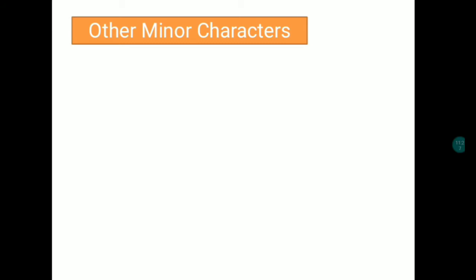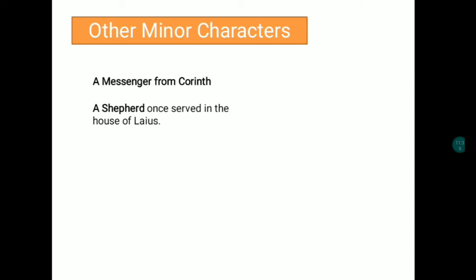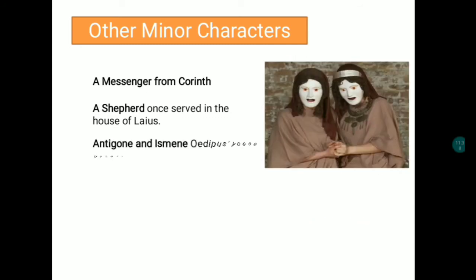Now, other minor characters in the play. There are characters like the messenger from Corinth and a shepherd who once served in the house of Laius. Then two daughters of Oedipus, named Antigone and Ismene. They are the young daughters.